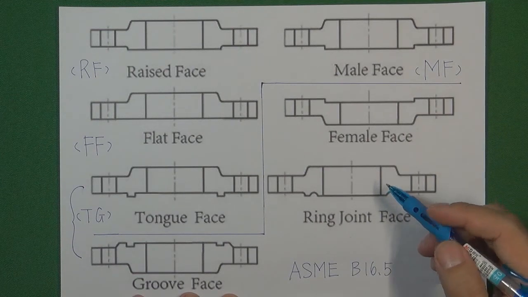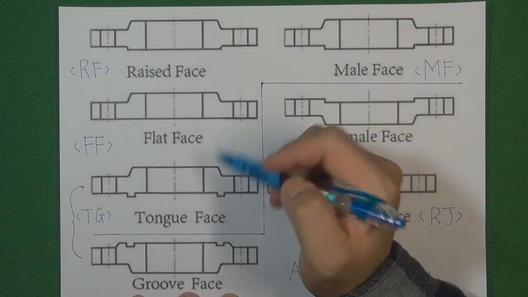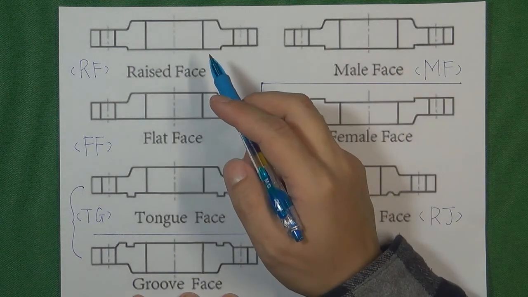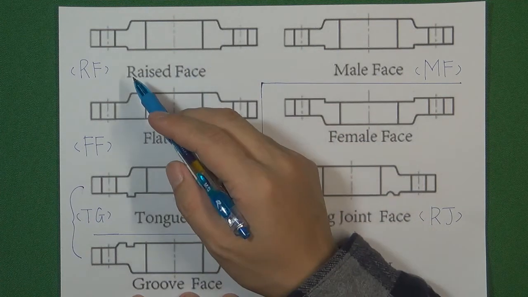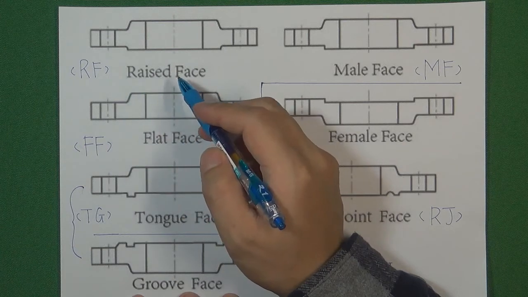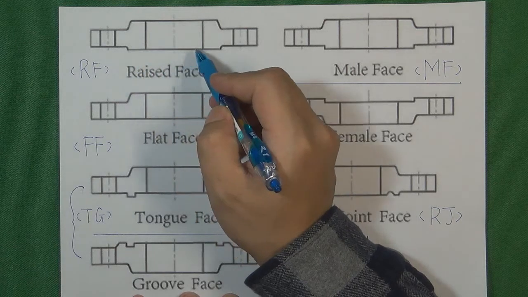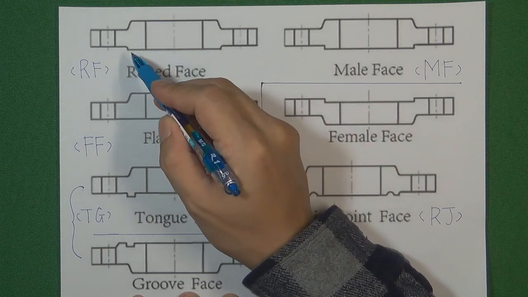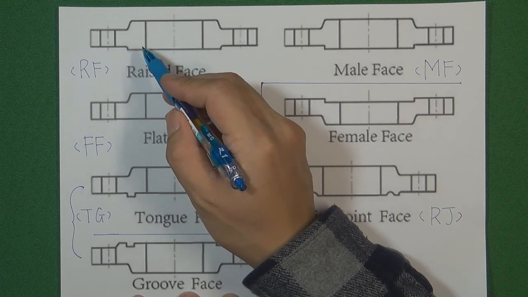According to the flange standard ASME B16.5, we have several kinds of flange face that contact the gasket using the flange extreme end area. For example, the raised face. With the raised face, we contact the gasket from this area, and this area is the extreme end of the flange, or the extreme end of the valve.